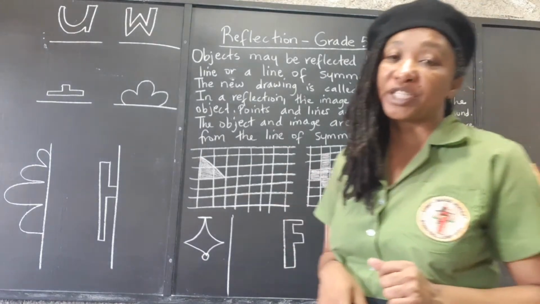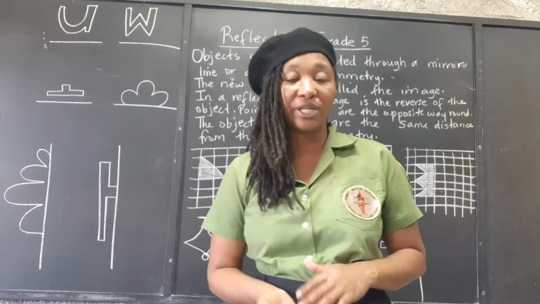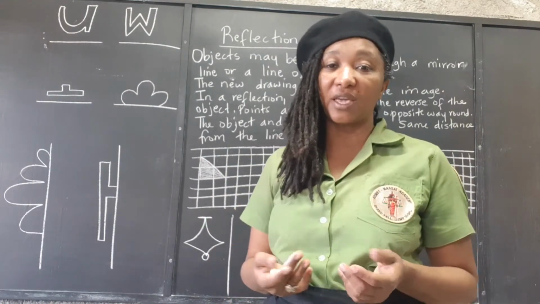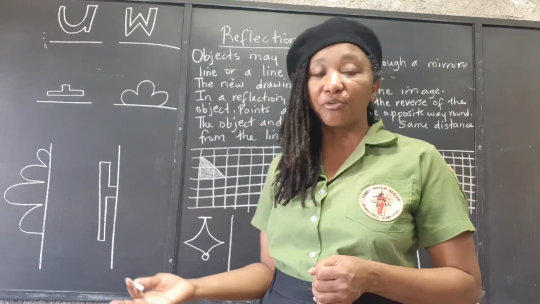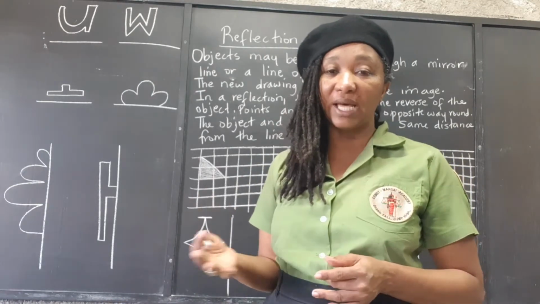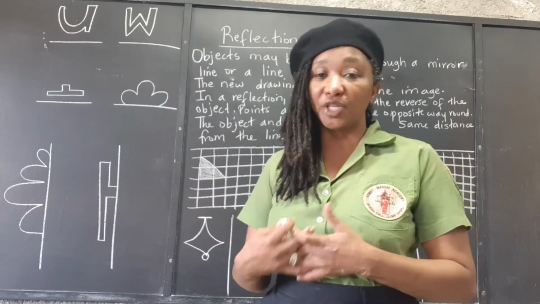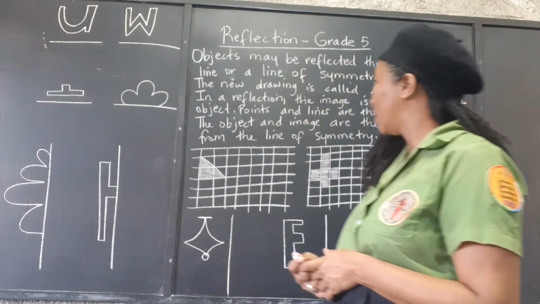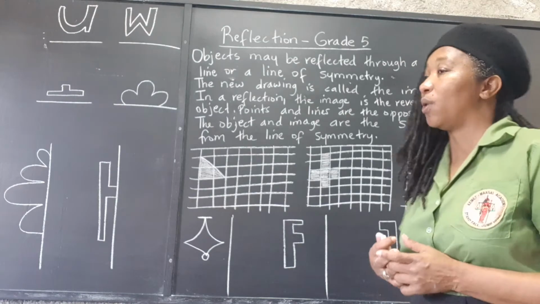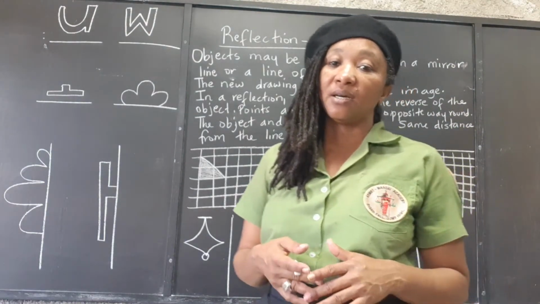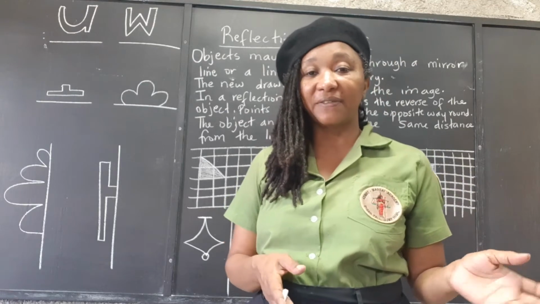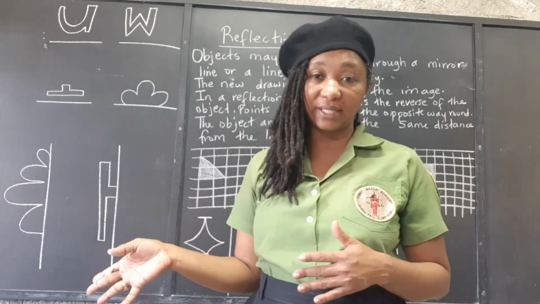So the original drawing or the original thing is called the object. When it is reflected through the line of symmetry or the mirror line, it is called the image. And whatever the properties of the object, if it was oriented to the left, the image is oriented to the right.